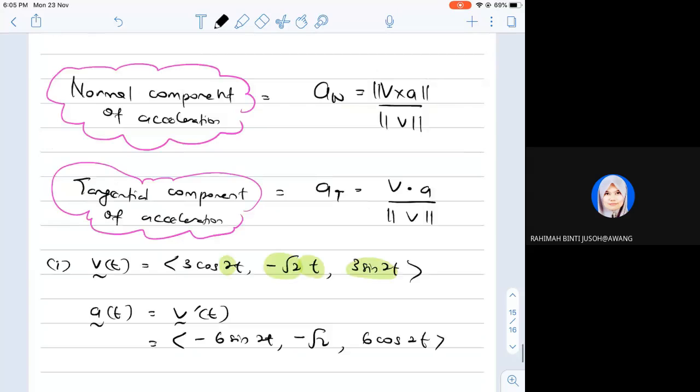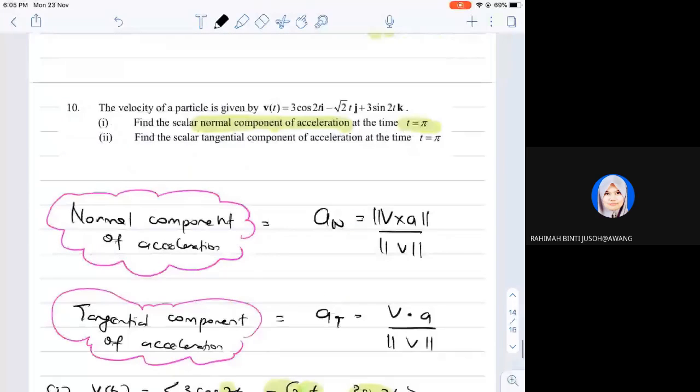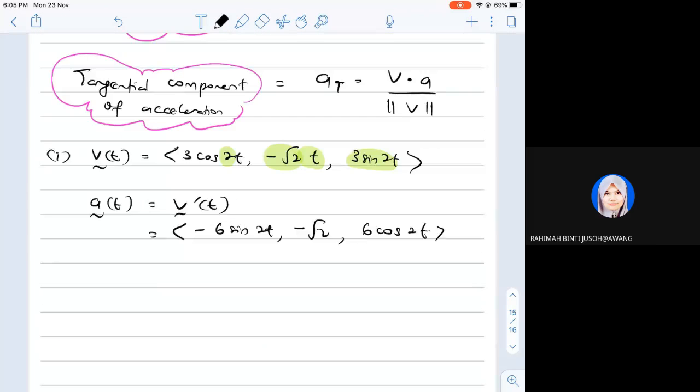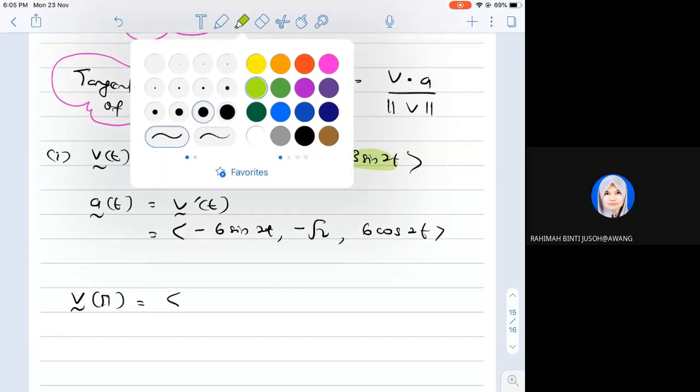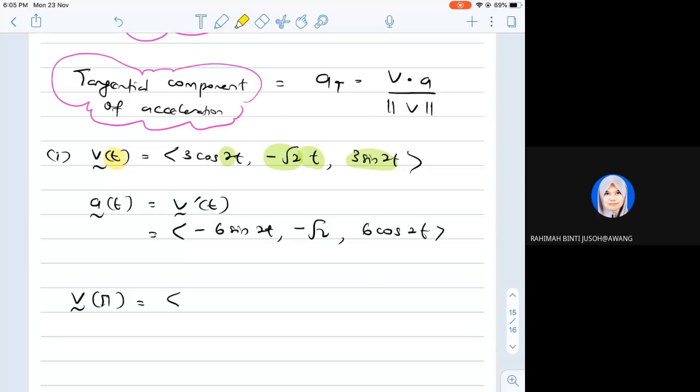So next, since we want t equals pi, let's substitute pi in advance so the calculation is easier. Substitute t equals pi into the velocity: 3 cos 2 pi is 3, negative square root 2 pi, and 3 sin 2 pi is 0.